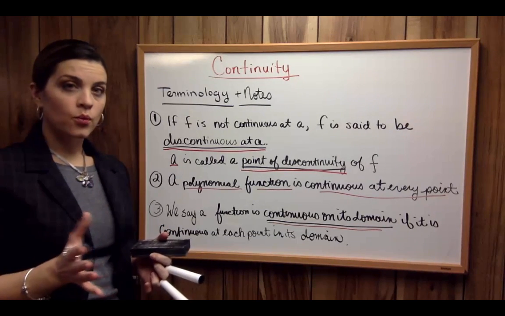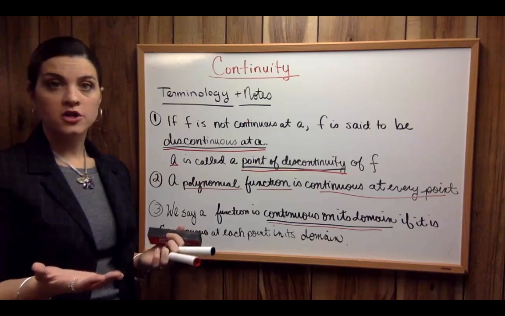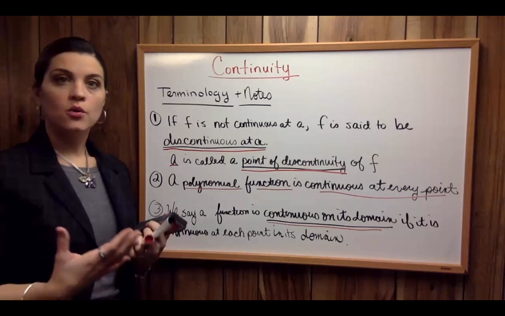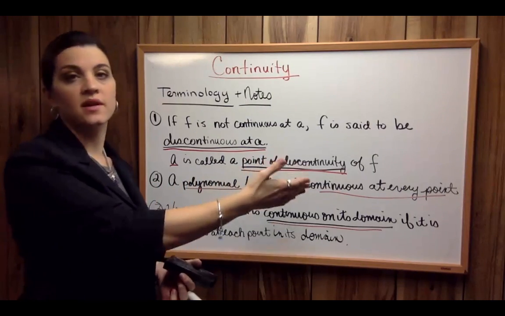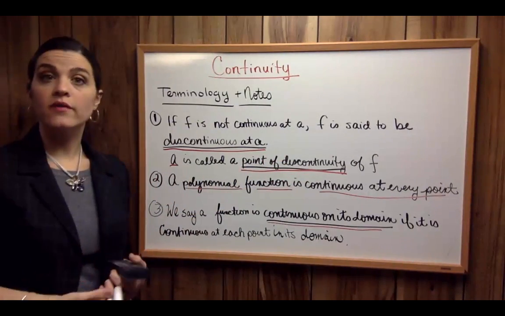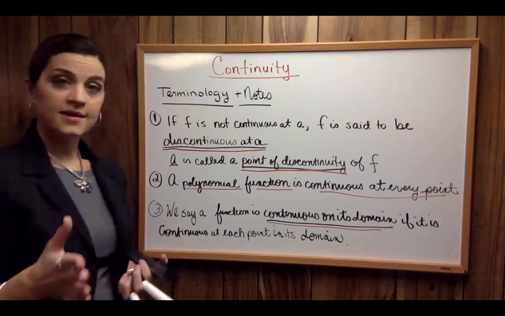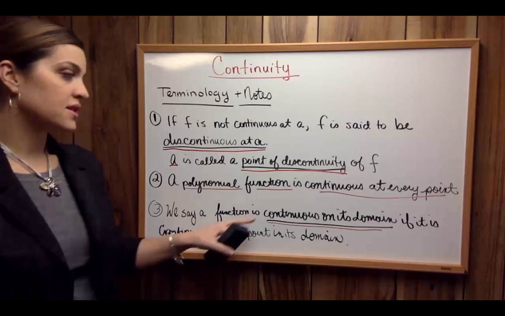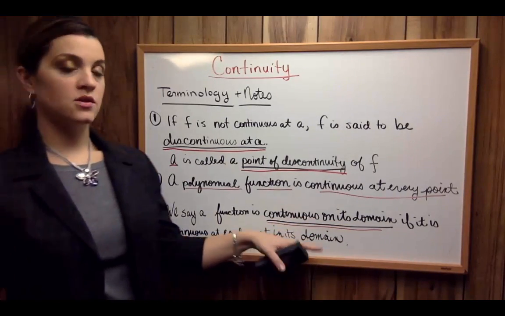Overall, we looked at an example just before of a quadratic function. A quadratic function is a polynomial function. So a general rule to go by is a polynomial function is continuous at every point. And you can say that's true for every polynomial function that we have looked at. And lastly, we can say a function is continuous on its domain if it is continuous at each point in its domain.